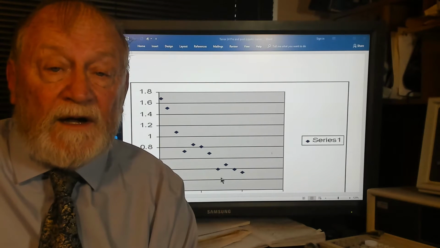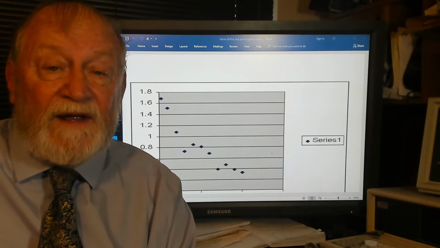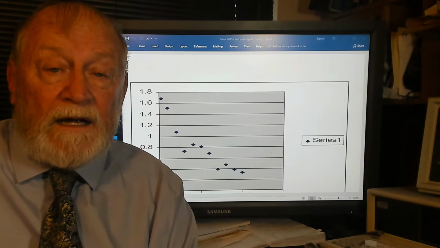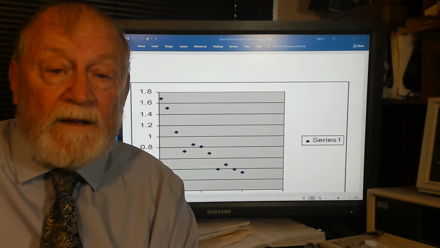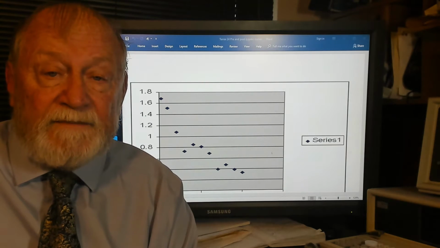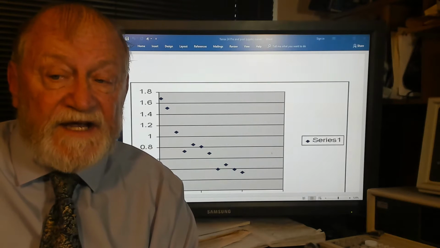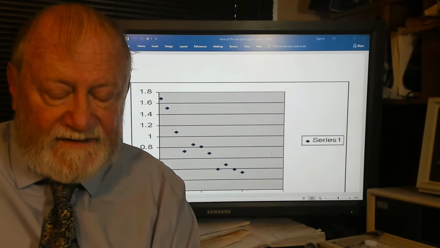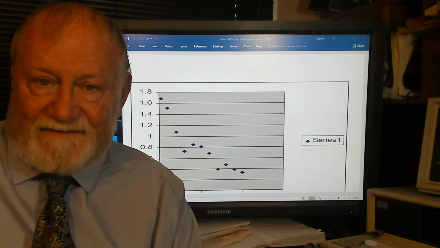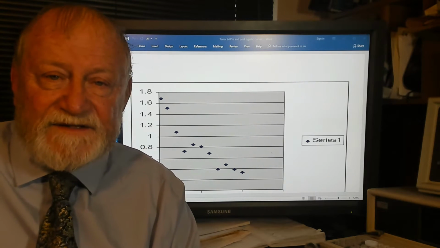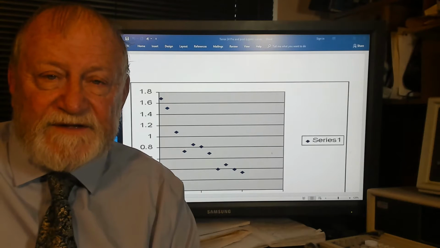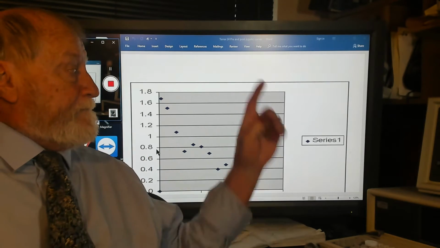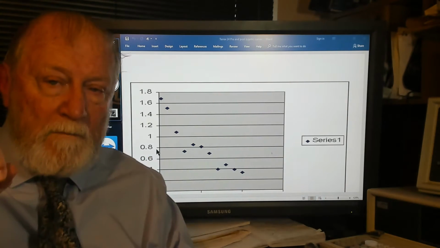If you get too small a population, you get inbreeding depression, and the population can die out, as it did in this series of runs. Okay, but there's your Sibley curve.